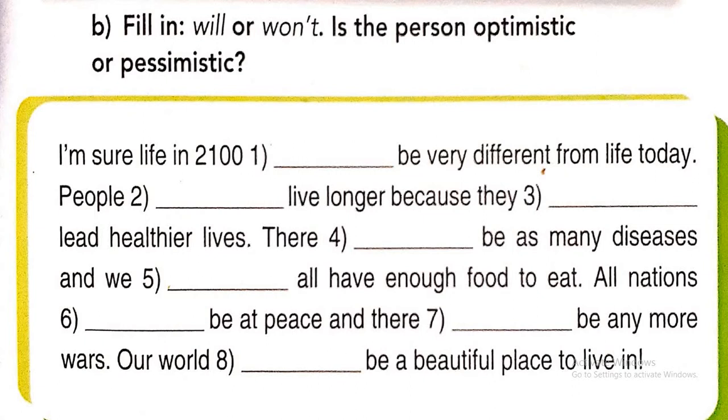An optimist is someone who has positive energy and gives you positive energy too. So fill in with will or won't, and decide if the person is optimistic or pessimistic. We have to fill this paragraph to find out.